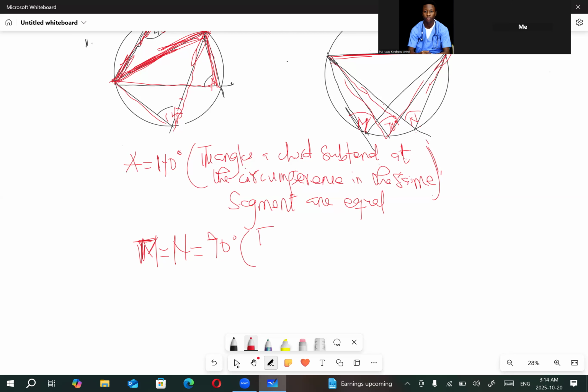The angles subtend at the circumference.